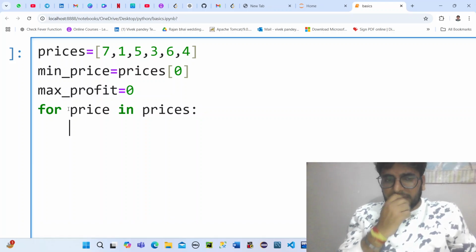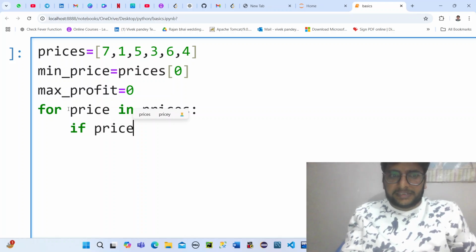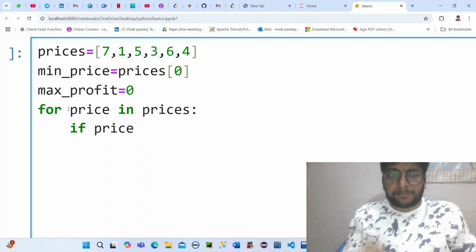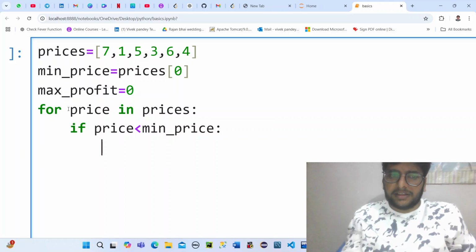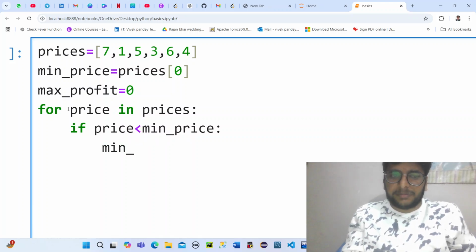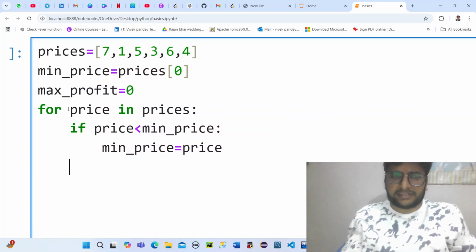Now here we need to give a condition. If my price is less than min price, then I'm updating. Min price is getting updated by the price. That's it. Nothing rocket science in this.